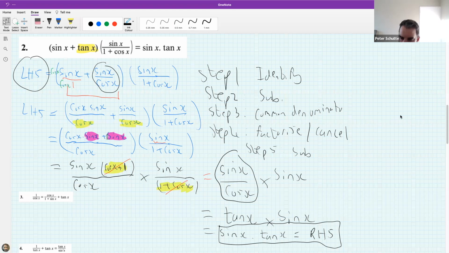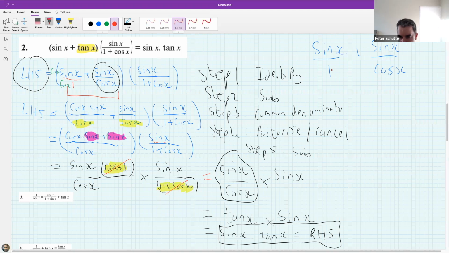Ayanda asked, in step 1, how did you get the common denominator? So in step 1, if I pull out what was said there, I had sin x plus sin x over cos x. And at that stage, I really wanted these two fractions to have the same denominator.